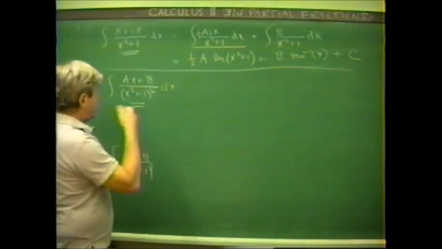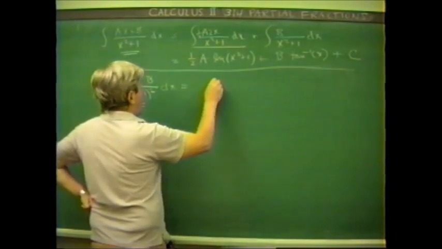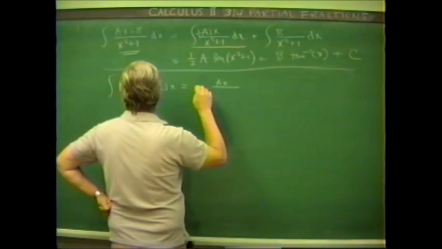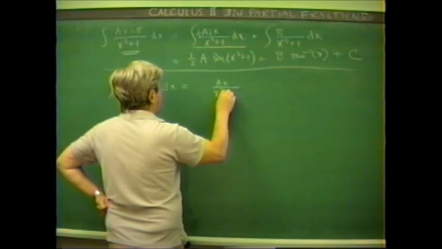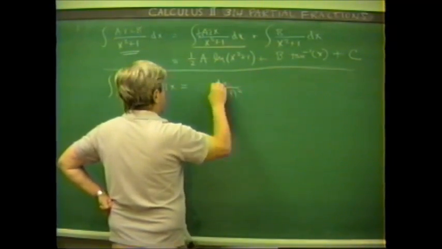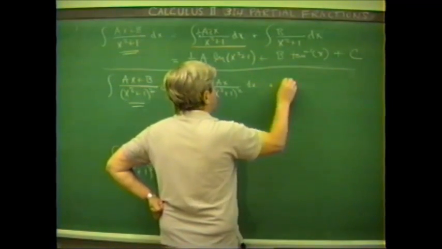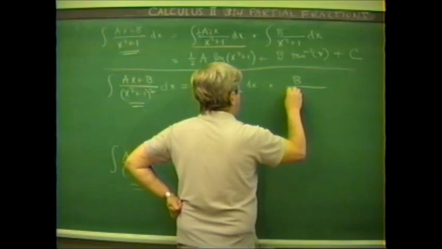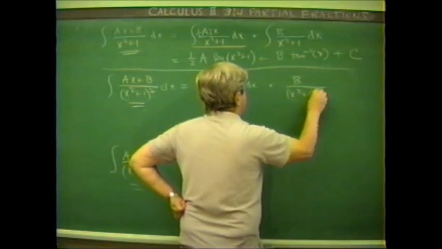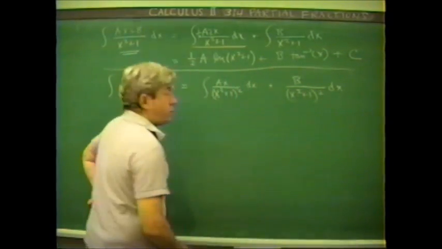Well, the way to deal with this is as follows. This is ax over (x squared plus 1) squared dx plus b over (x squared plus 1) squared dx. So you take the two parts like so.